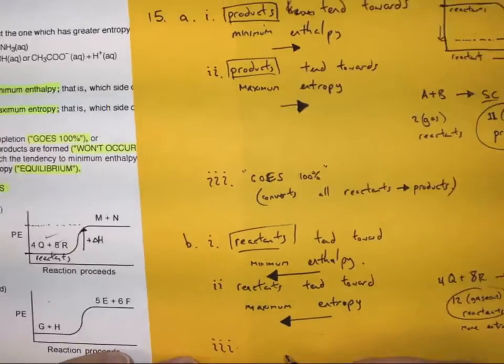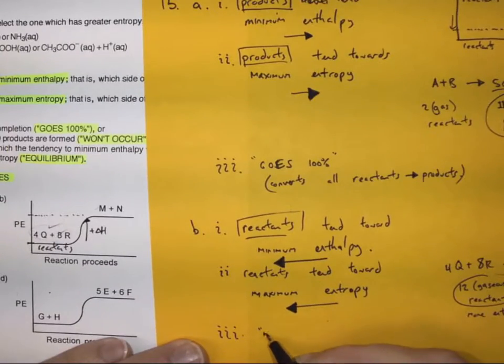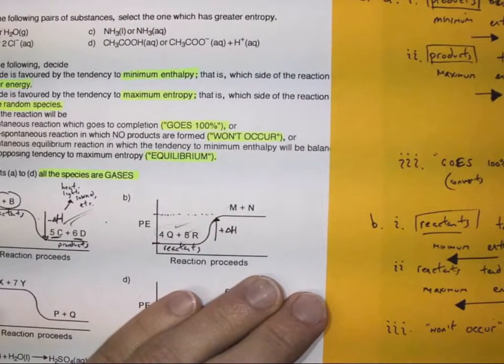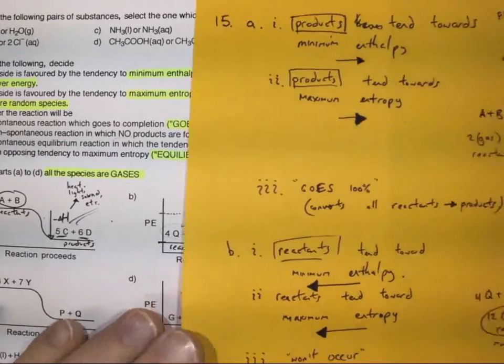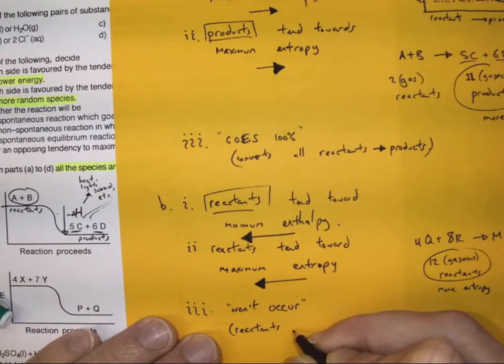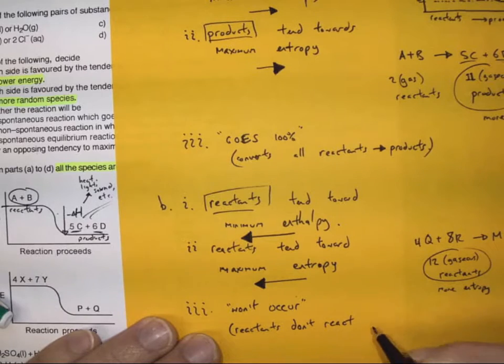And so we would say this reaction will not occur, as in the notation of the question. That is because these two tendencies are both pushing against the progress of this reaction. So we say the reactants don't react, in other words.